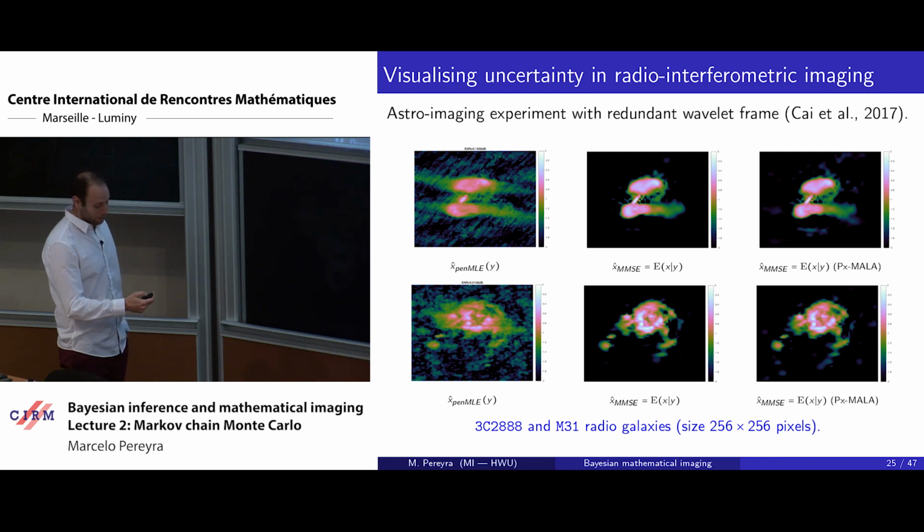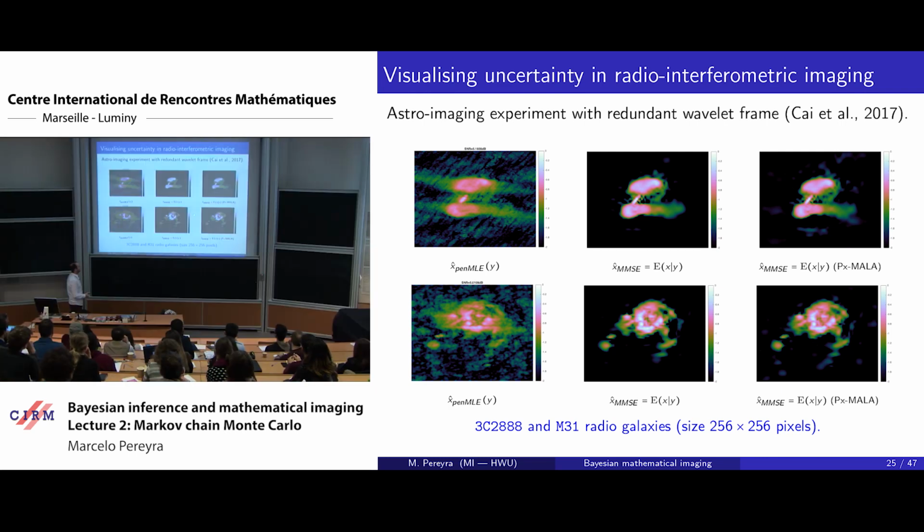You can also compute other estimators. You might wonder, maybe the MAP estimator is not the best option. We could compute something else. So here I'm computing the posterior mean with the algorithm and with the algorithm that has the Metropolis-Hastings correction. We see that the estimates are quite good. There are some minor differences in the background, but otherwise the biased estimate is really good.